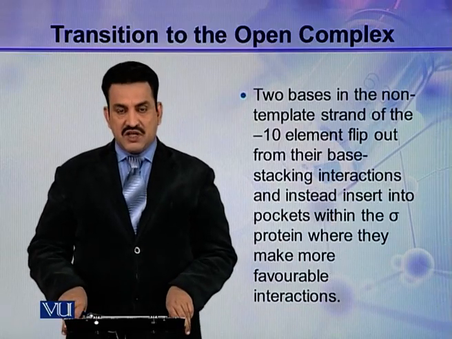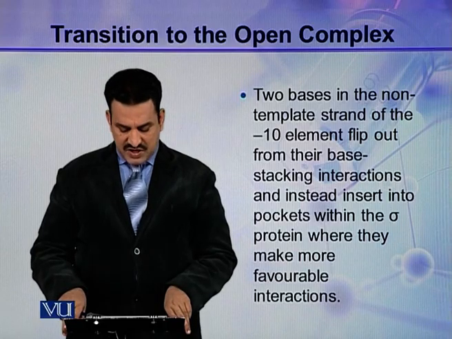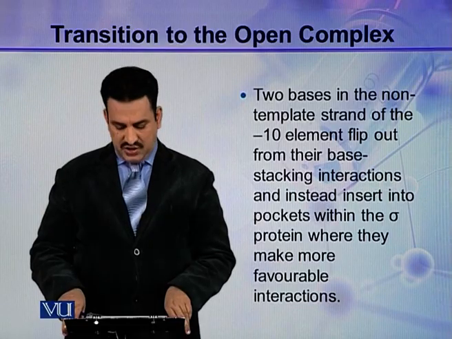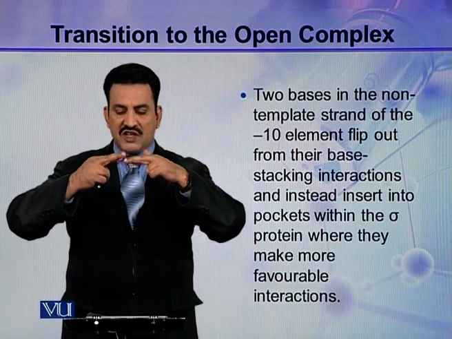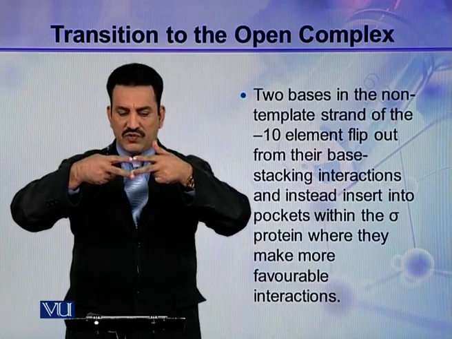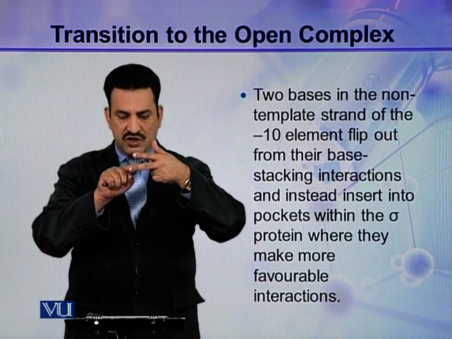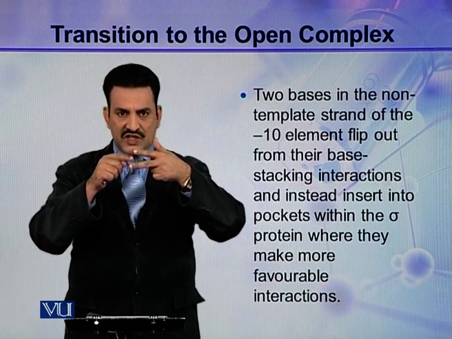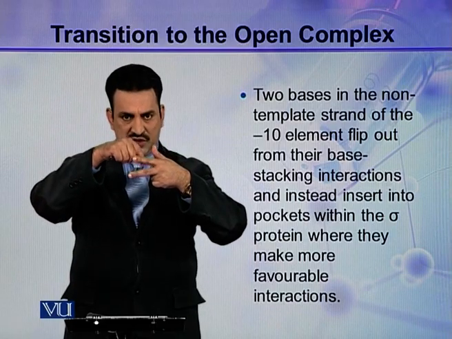Two bases in the non-template strand of the -10 element flip out from their base stacking interactions. So in the double-stranded DNA, in the center of strand, the bases, they interact with each other. The bases of two strands, they interact with each other, and this we call base stacking interaction.